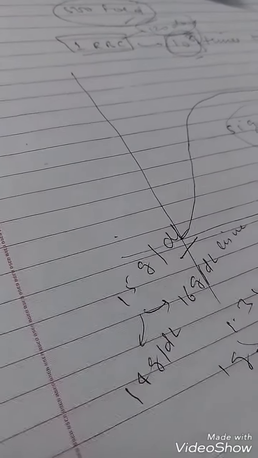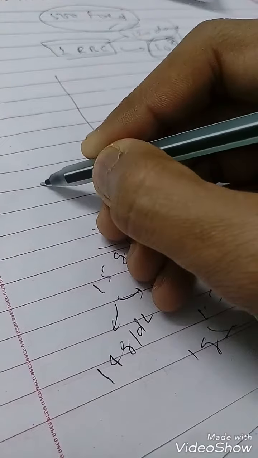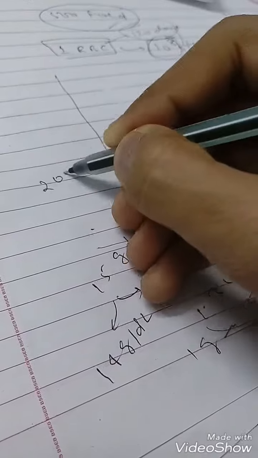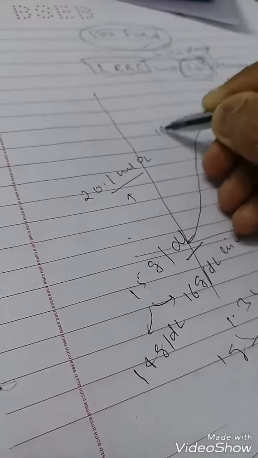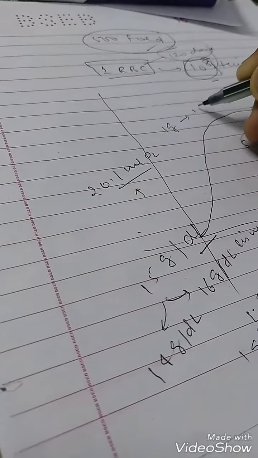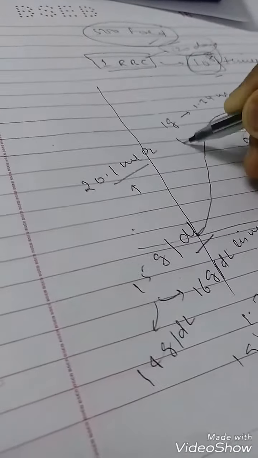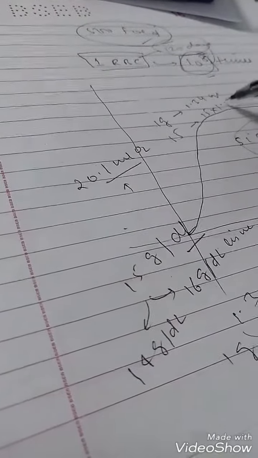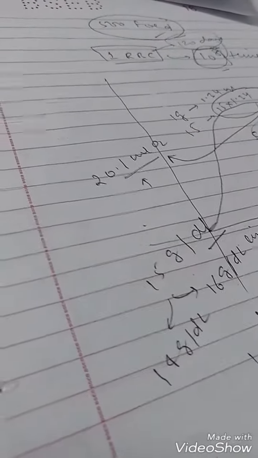Therefore 1 dl of blood contains 21 ml of oxygen. How? Because we know that 1 gram carries 1.34 ml of oxygen, and 15 grams will carry 15 times 1.34 ml, and the value comes to 20.1 ml of oxygen.